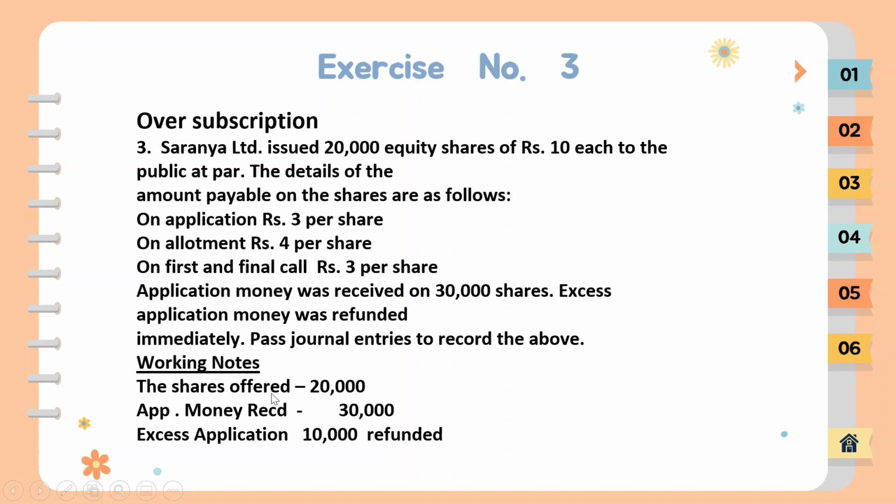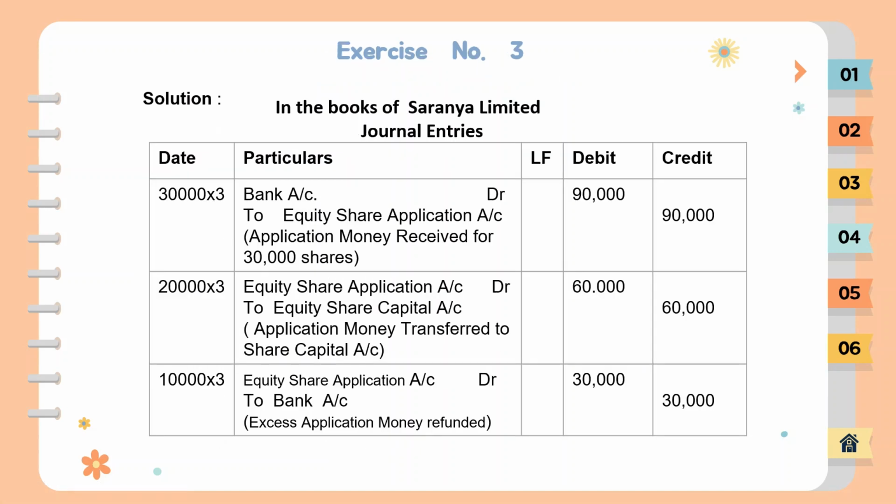Now see, the shares offered is 20,000. Application money we have received is for 30,000 shares, and excess application money, that is for 10,000 shares, is refunded. Now we'll do the calculations like this.